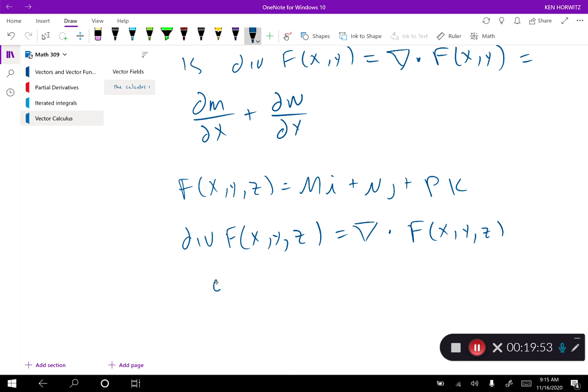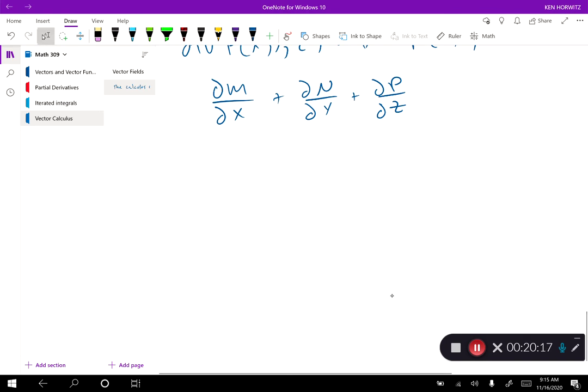So, which would be my partial of m with respect to x, my partial of n with respect to y, my partial of p with respect to z. And if the divergence of f equals 0, then it is divergence free.